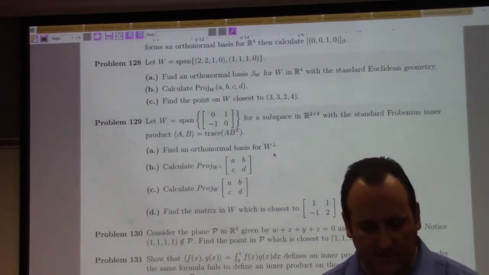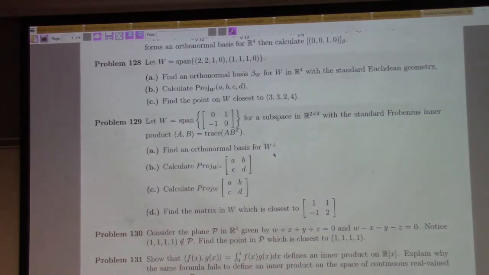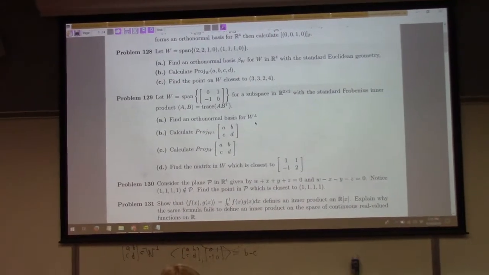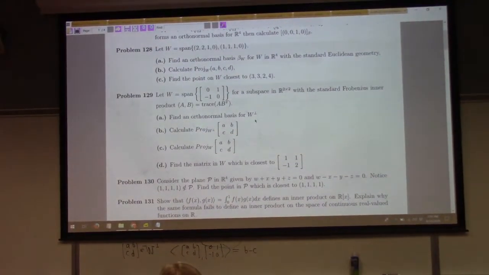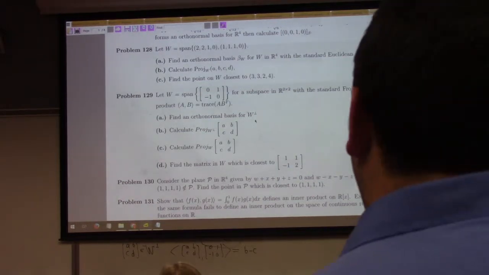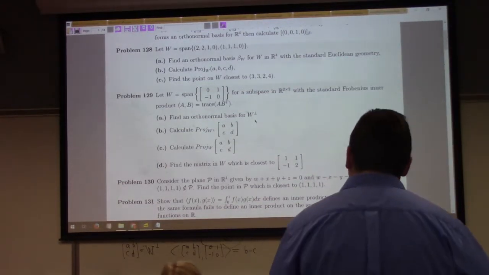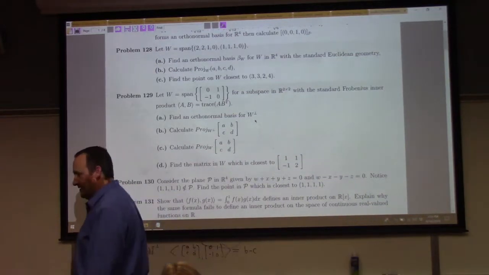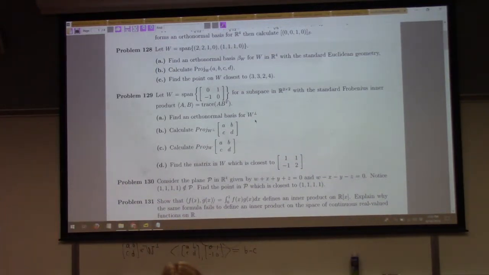So what's the condition to be in the perp of W here? Yeah, just B equals C. What about A and D? No, not 0. I mean, possibly 0, but there's no condition on A and D. They're free.